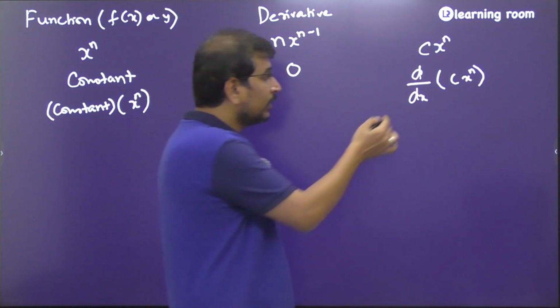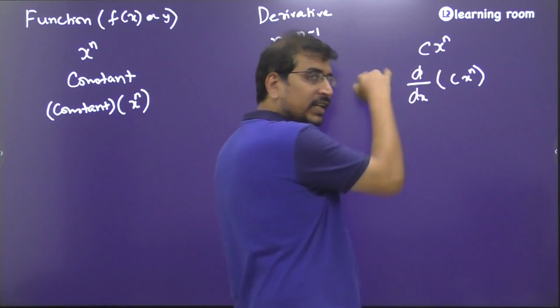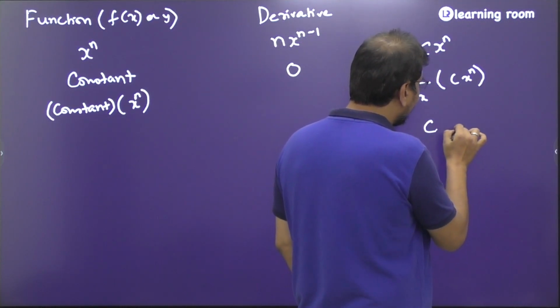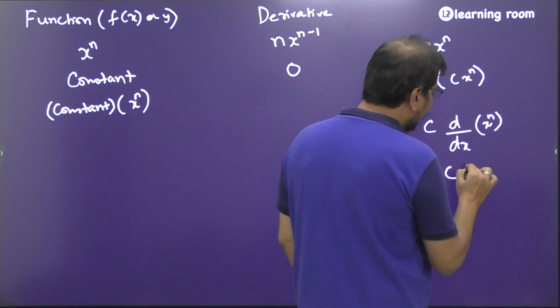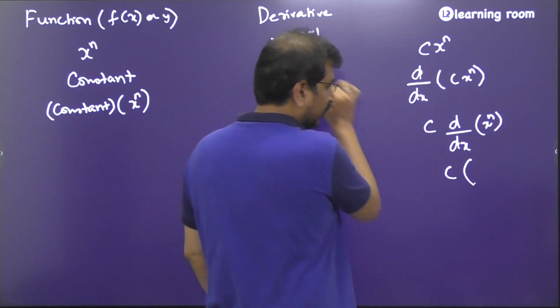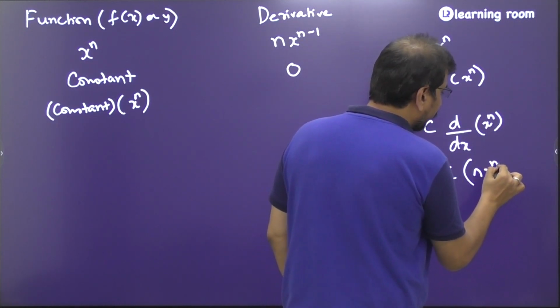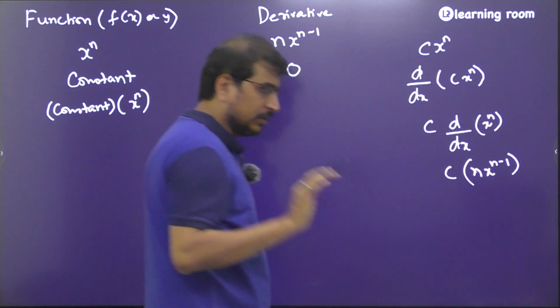What you actually do is, whenever it's a multiplication factor, you take the constant outside, and you write it as d by dx of x power n. So the answer will be c into, use this expression, n into x power n minus 1.